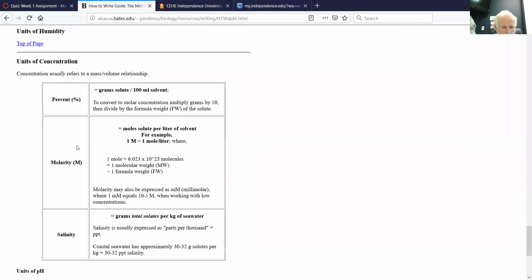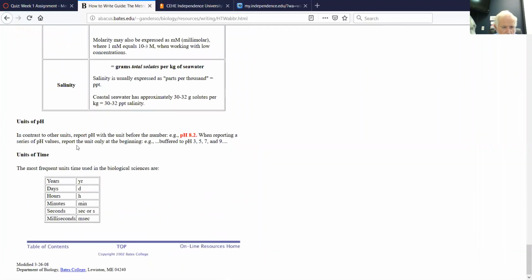The rest of this we're not going to worry about. pH is something that we need to be aware of. pH is a measure of acidity. pH of 7 is neither acidic nor basic or alkaline. Anything under 7 is acidic.